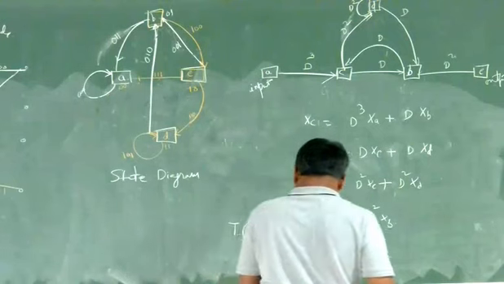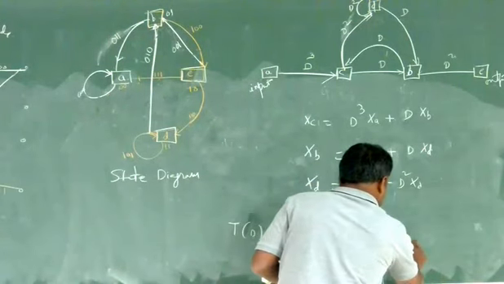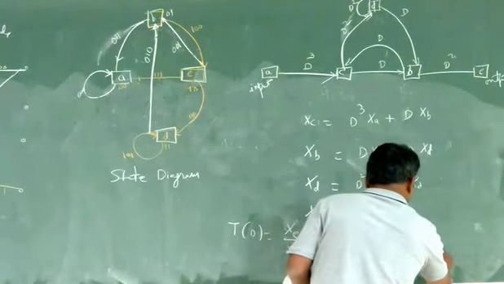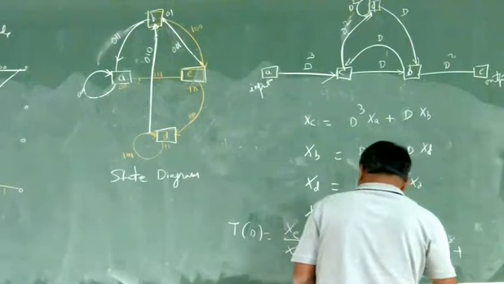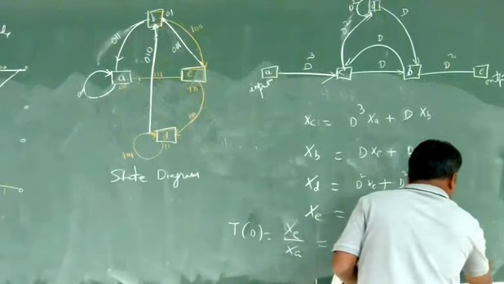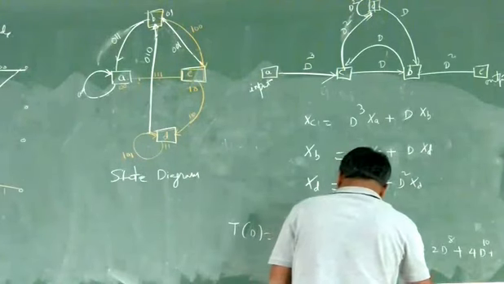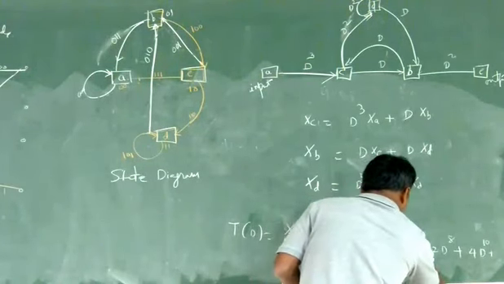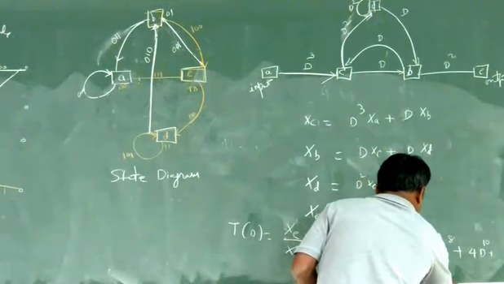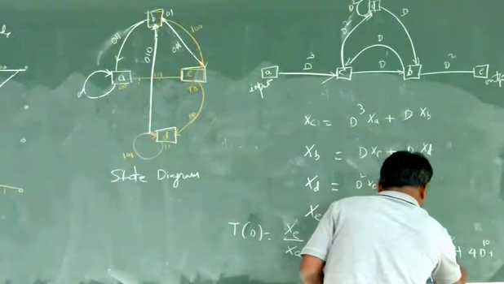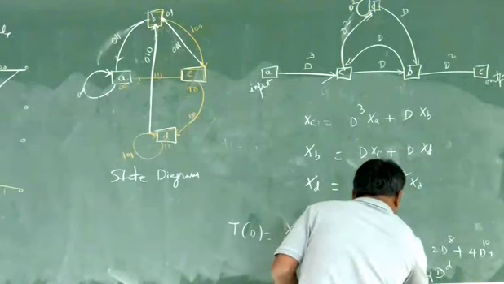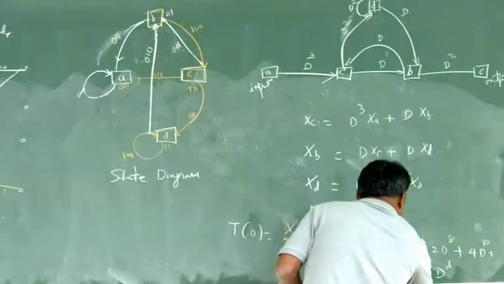And if you expand it, you will get D raised to 6 plus 2 into D raised to 8 plus 4 into D raised to 10 and so on and so forth. That is equal to the sum of A_d into D raised to d, d from d free to infinity.